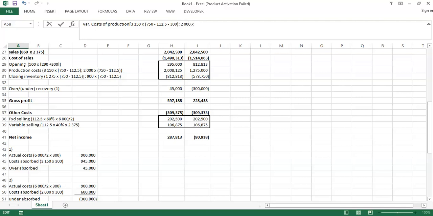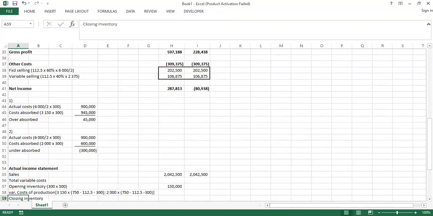We're multiplying 2000 by the same, which is 750 minus 112.5 minus 300. That's what we get on that one. Okay, so this is equal to 150 times 750 minus 112.5 minus 300. That's what we get there.